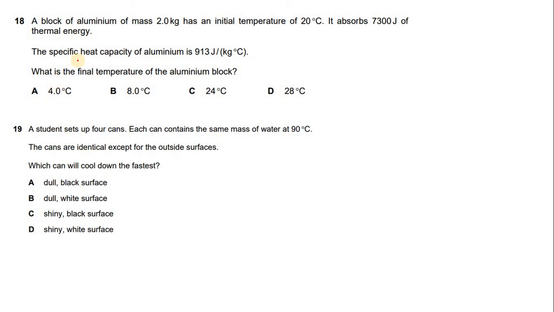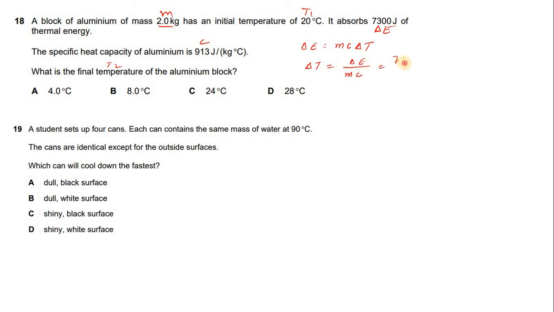Question number 18. A block of aluminium of mass 2 kg has an initial temperature of 20 degrees. It absorbs 7300 joules, delta E, of thermal energy. The specific heat capacity C of this is 913. What is the final temperature T2? So we first find the change in temperature. You know that delta E is equal to m c delta T. So delta T is delta E upon m into c.